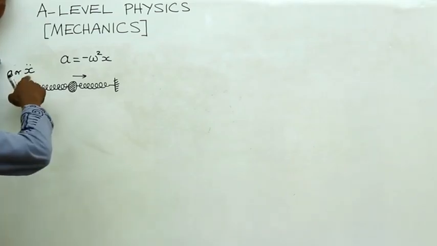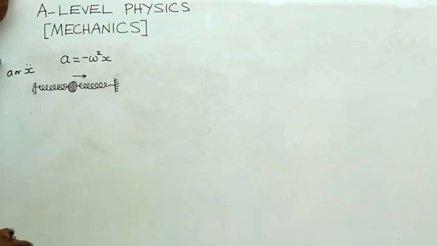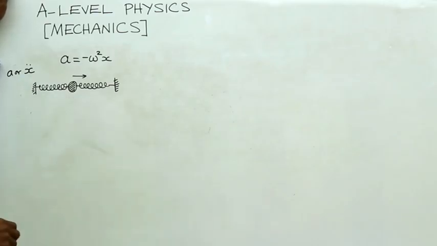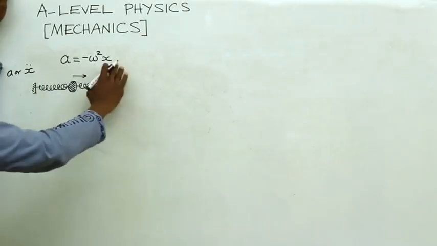This one here is the second derivative of the displacement, and it means acceleration. x is the displacement of the body that is executing simple harmonic motion from its equilibrium position. Omega is the angular frequency. So we are going to define simple harmonic motion by using this.